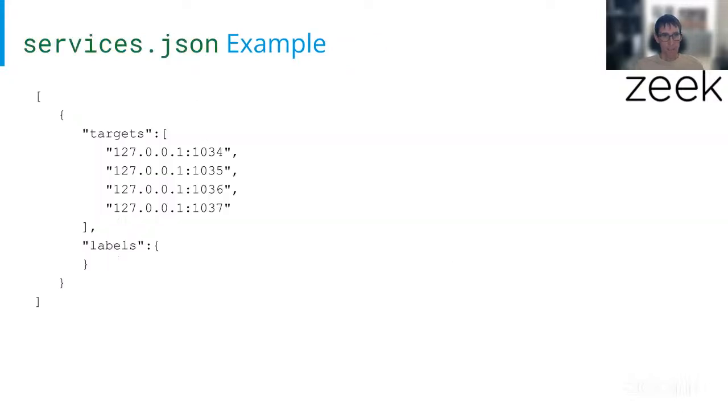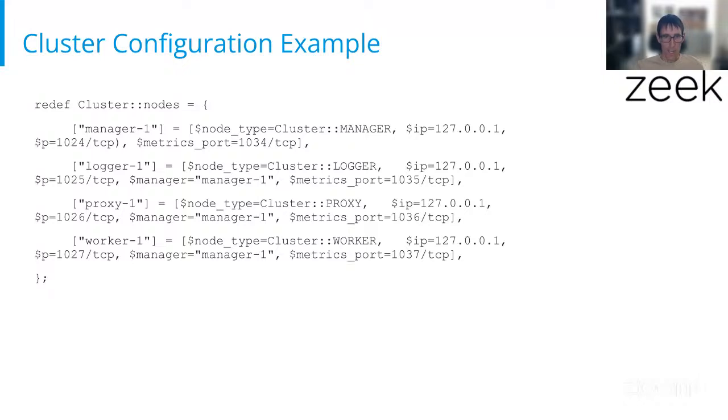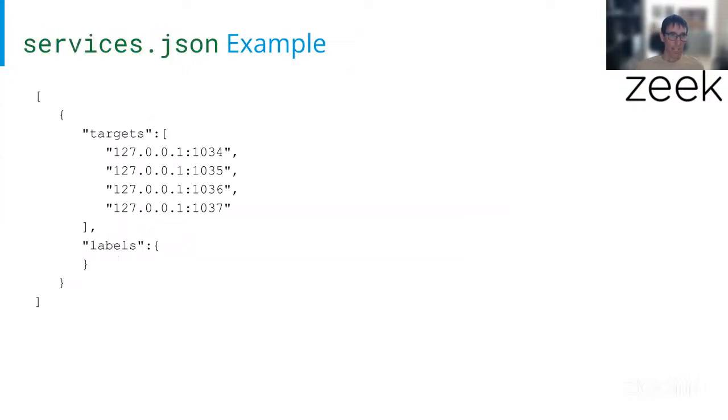This is from that cluster configuration. You see, these are all listening on localhost. This is just a thing I generated from a test cluster on my system. These are all listening on localhost on individual ports. The services.json, if you were to go to the manager's port number /services.json, this is what you get out of it.